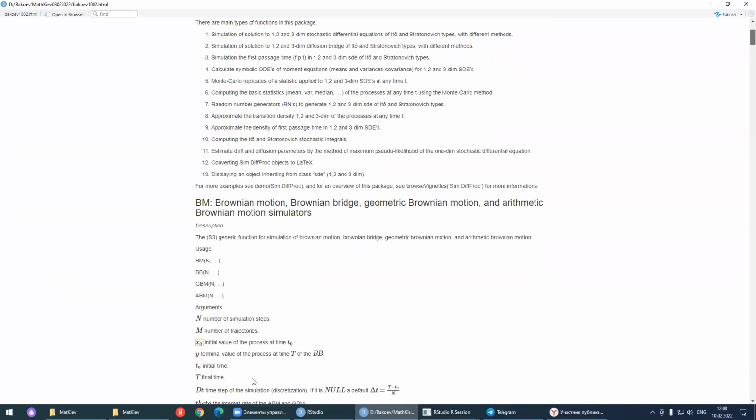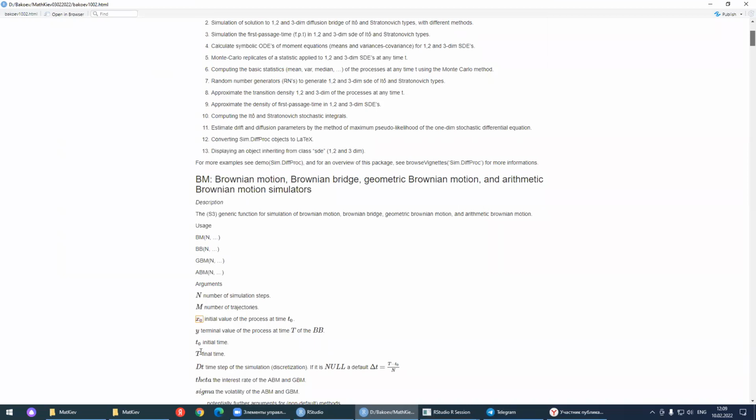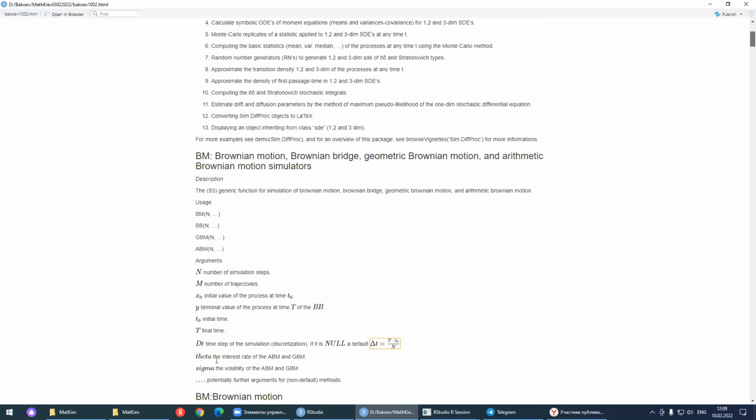T0 is the initial time. T is the final time. dt is the time step to simulate discretization. Usually we use this one by default. Discretization time is t minus t0 divided by the number of steps. Theta is the interest rate, the drift. Sigma is the volatility in these processes.